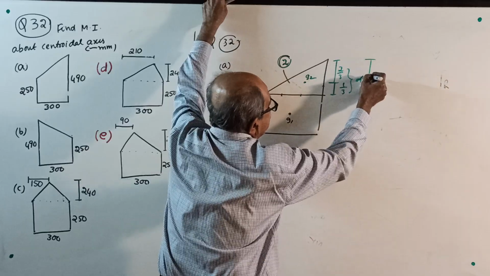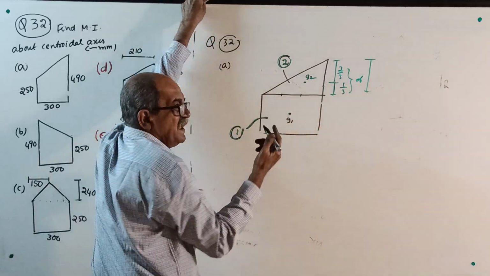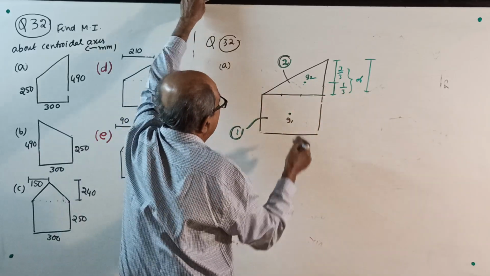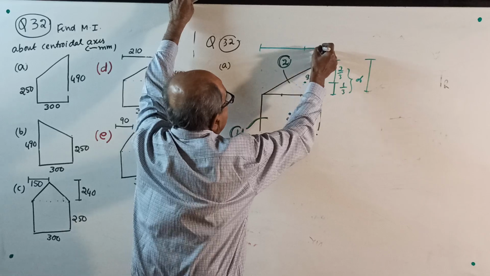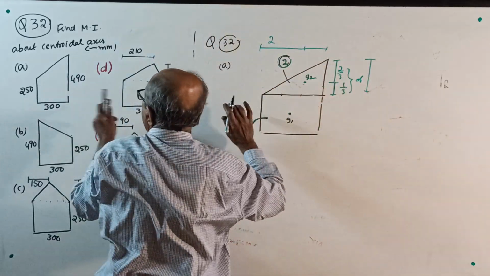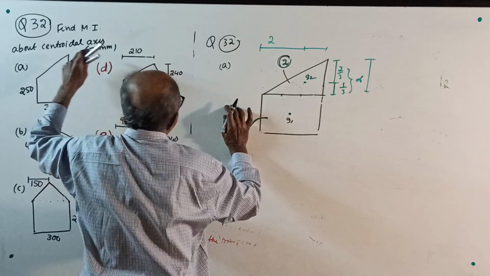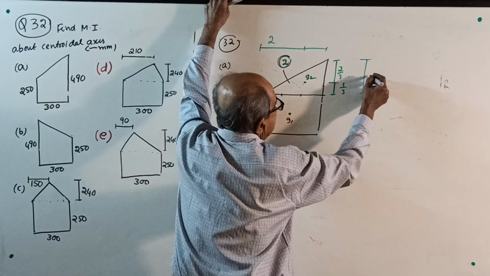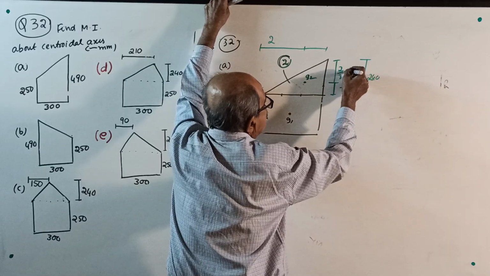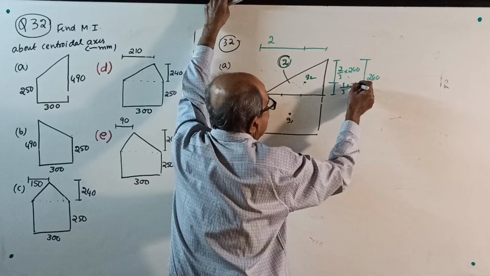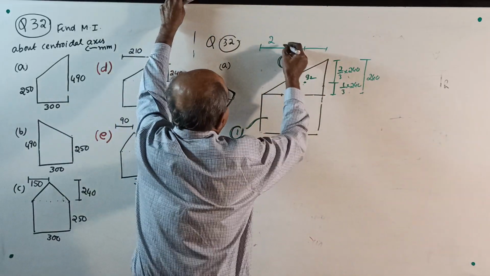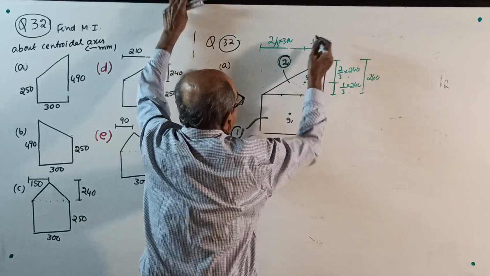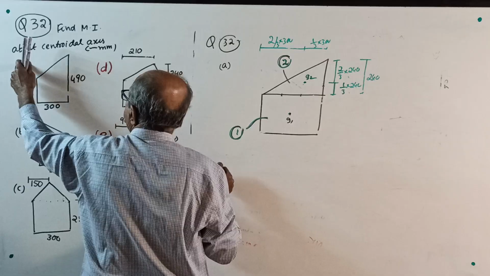Anyway, next time I will explain. 2 by 3, 1 by 3 of this base. Right here, that height is 490 minus 250, which is 240. I write here, this is 240. 2/3 of 240, 1/3 of 240. This base is 300 there. 2 by 3 of 300, 1 by 3 of 300. This is for question 32A.